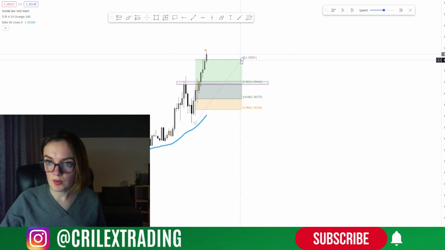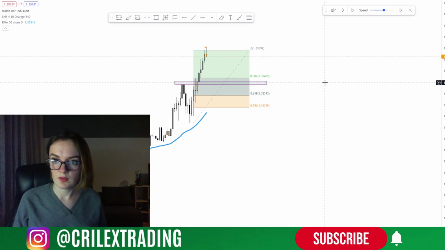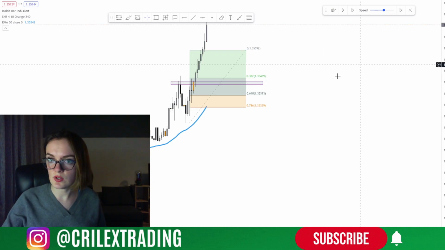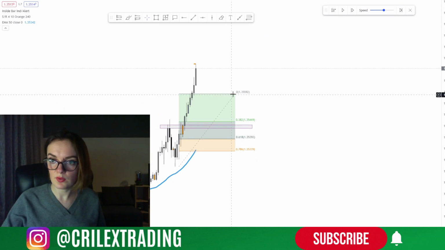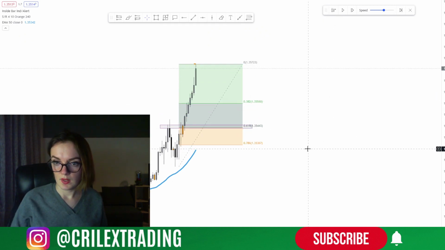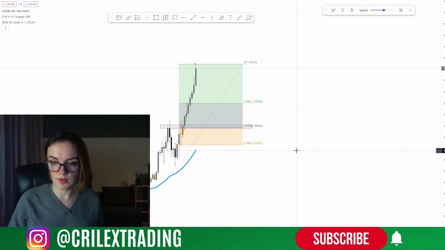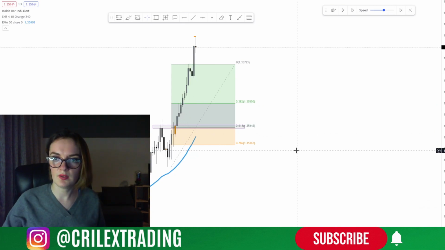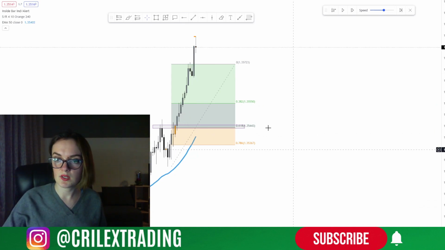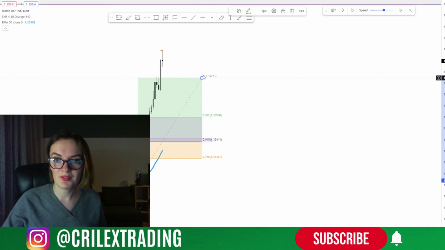But actually the price is going higher and higher, and our fibs are changing. The impulse is really nice to the upside. And actually now if the price will go back to this level, we will have a confluence with the 0.618 fib level. But actually we can see here that the price will never go back to our level.